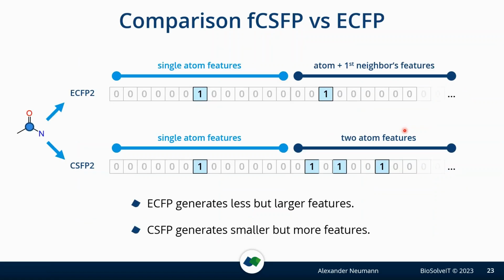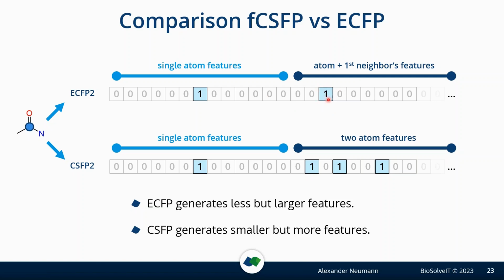And to give you an idea of ECFP and CSFP again, as I told you, in this example of this amide, we can see that the single atom features, those both are a carbon atom, they're both the same for this one. Whereas if you now go for the ECFP2, the 2 diameter, we cover also the oxygen, nitrogen, and the carbon here.